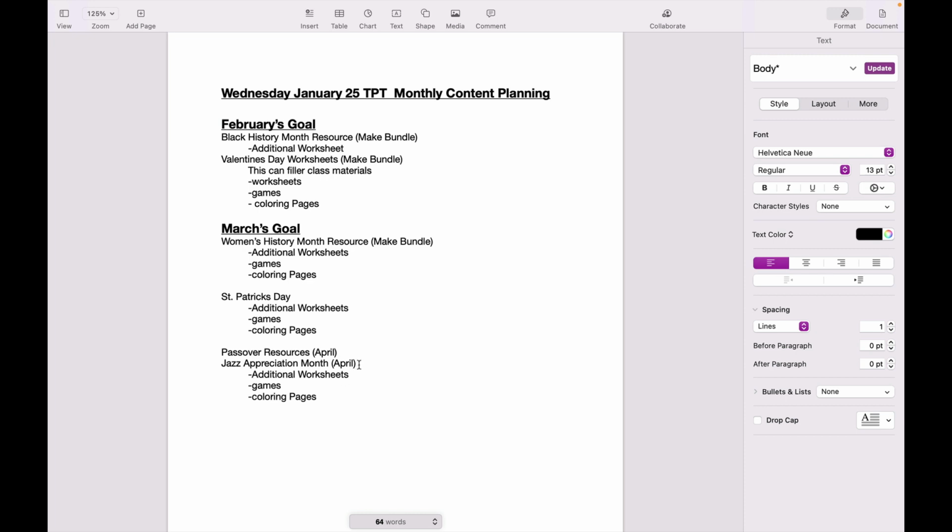And then I would like to do a bundle for each of these if possible. Also, I would like to make one big resource for Jazz Appreciation Month.